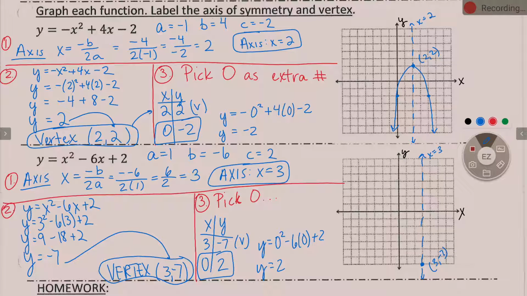And 0, 2. Where is 0, 2? Starting from the origin, 0 tells me left to right, 0, 2 tells me up 2.